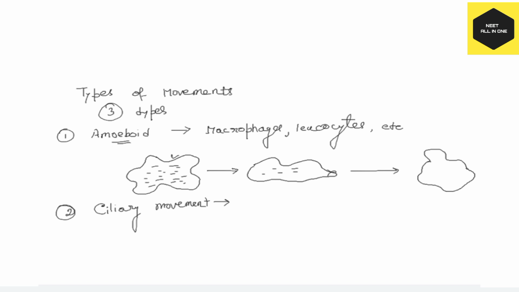In human reproductive system, I think you all are aware of something known as fallopian tube, which is connected to the uterus, isn't it? Fallopian tube. So in fallopian tube you have some hair-like structures. What they will do? They will beat in a certain direction so that the ovum can reach the uterus.